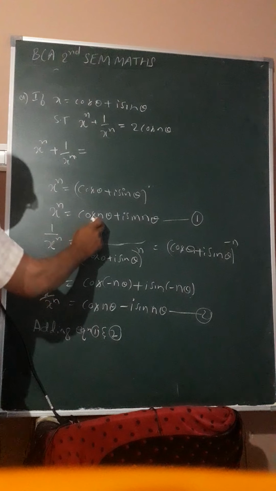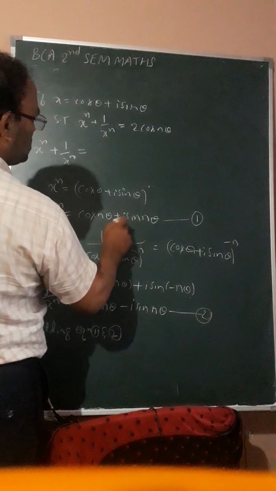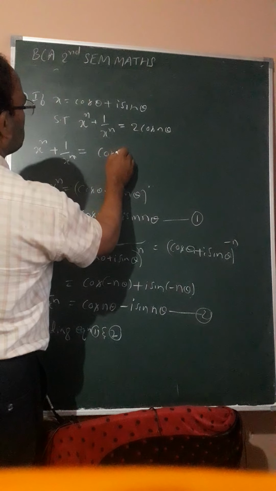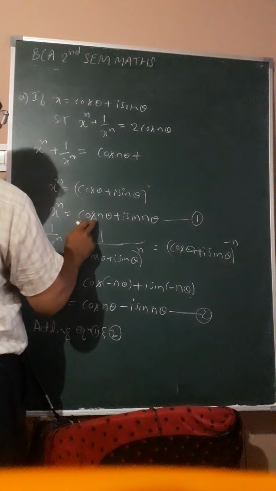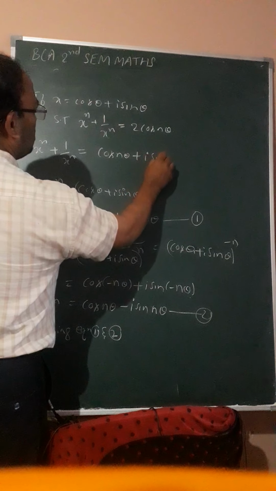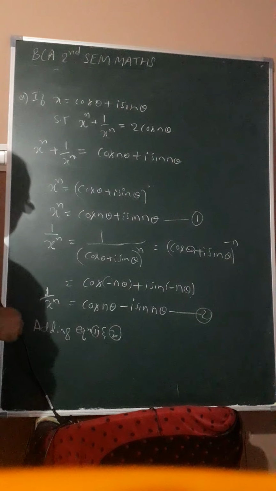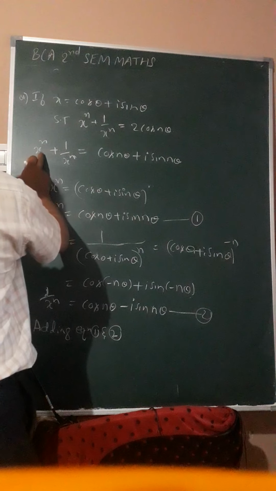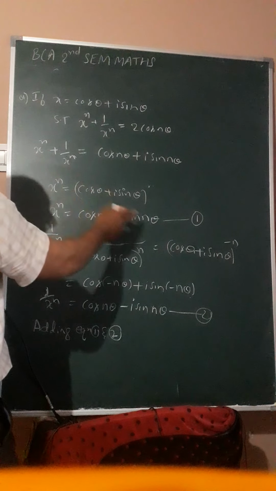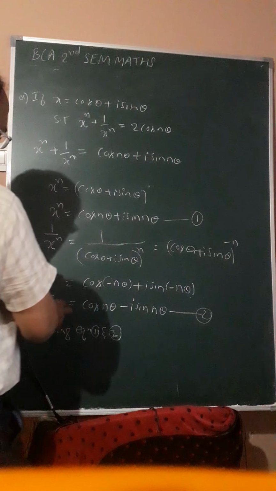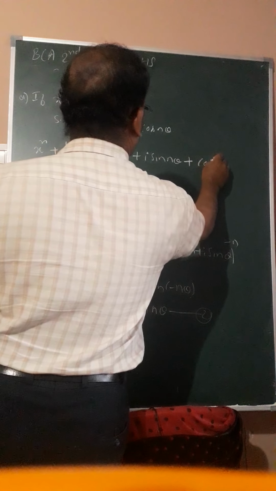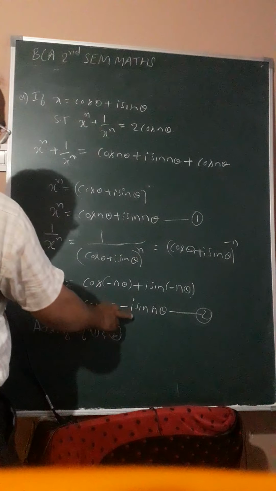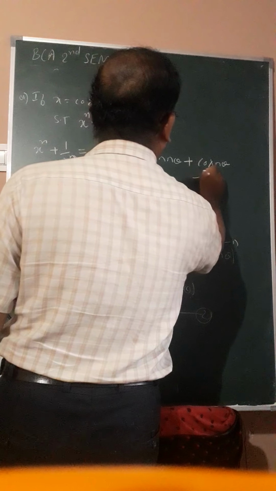The right side of equation 1 is cos n theta plus i sin n theta, and the right side of equation 2 is cos n theta minus i sin n theta.